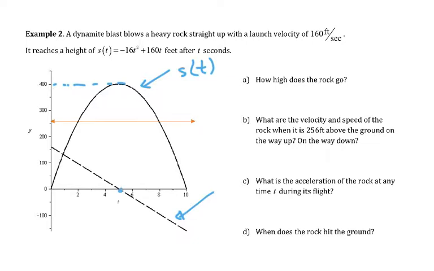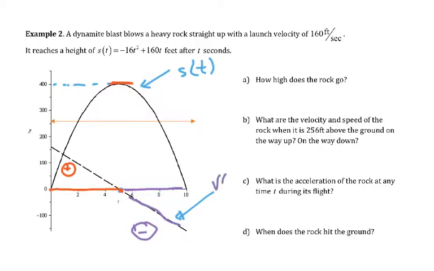Well, notice that it's 0 when we're at the maximum height. It's positive from time t equals 0 all the way up to t equals 5. And then it's negative down here from 5 to 10 seconds.